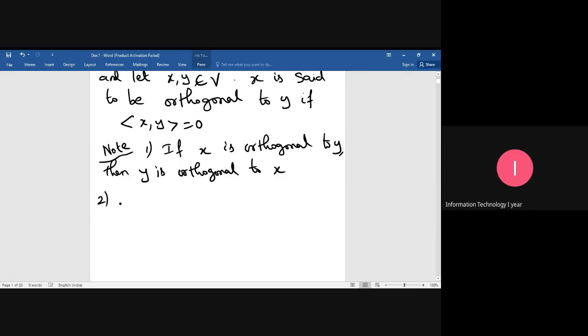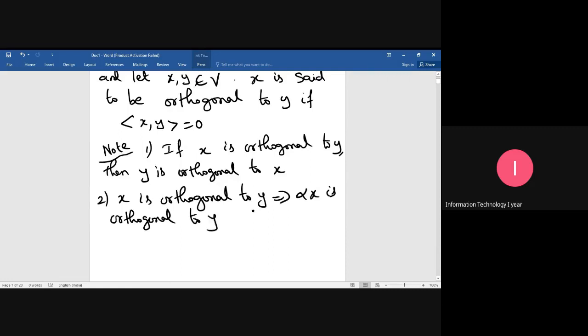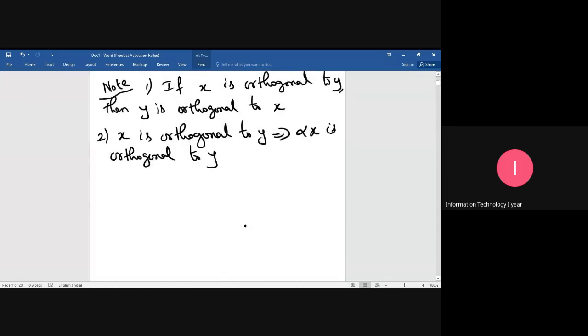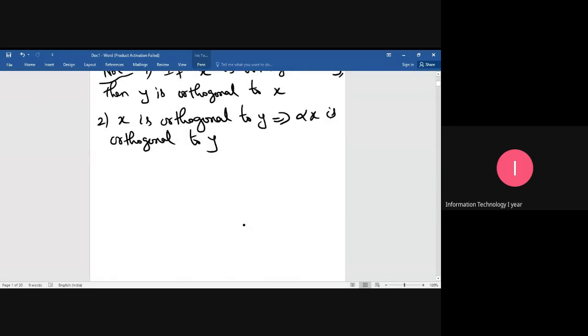Second note: x is orthogonal to y implies that alpha x, alpha being some scalar, is also orthogonal to y.